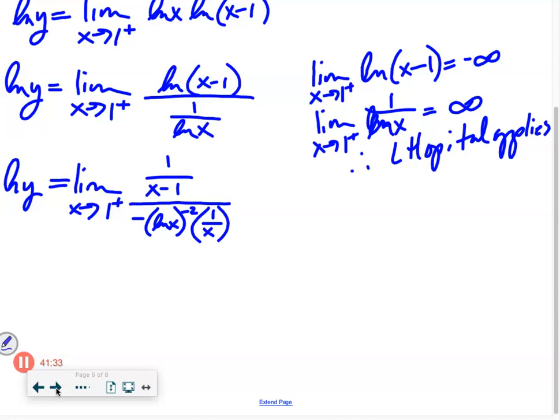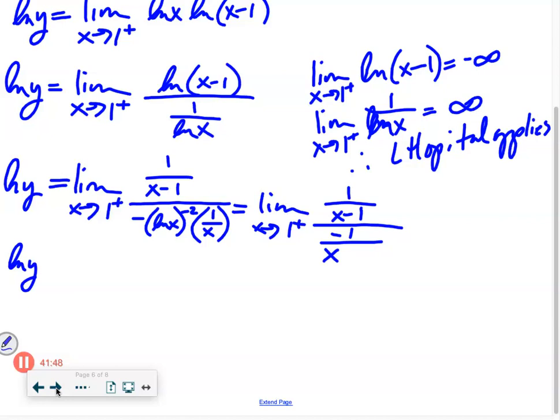So what you end up with, let's just clean this up a little bit: 1 over x minus 1 over negative 1 over x times ln x squared.